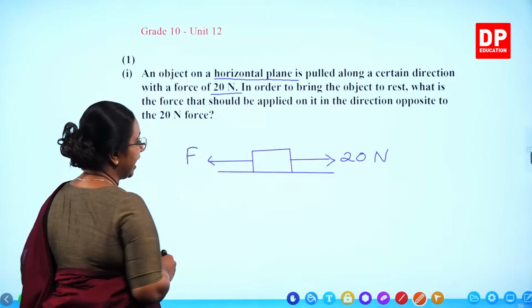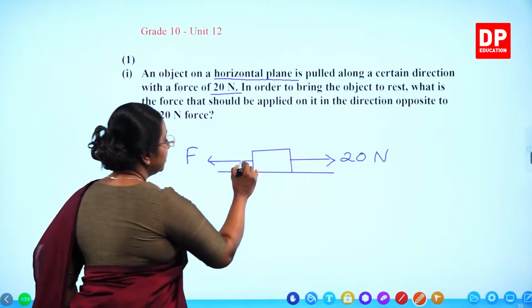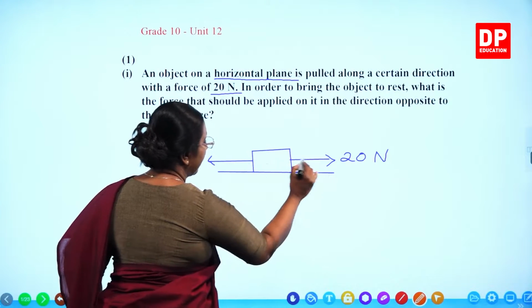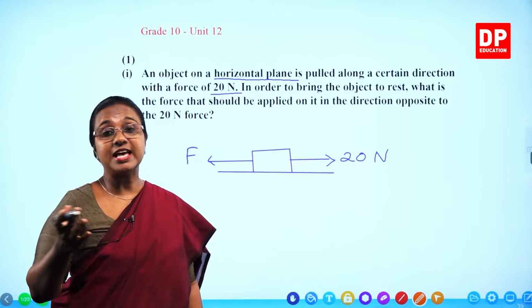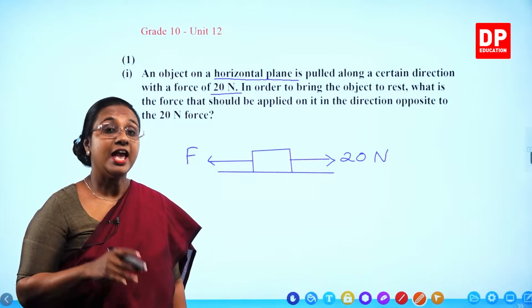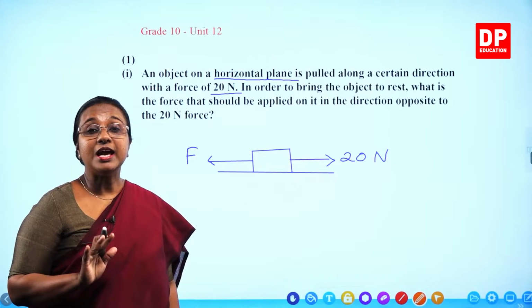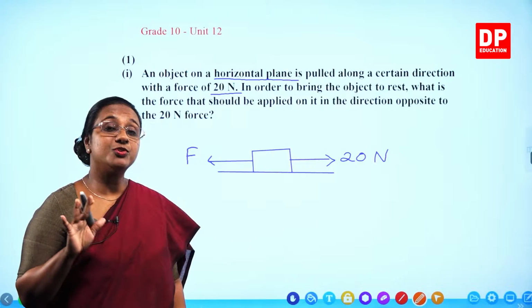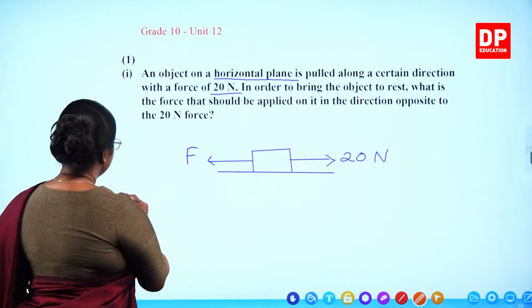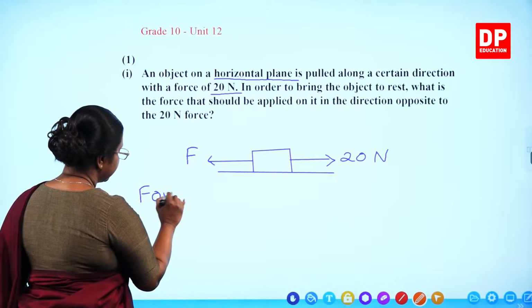We'll say it is F, and you all know these two forces should have the same line of action. So they have to be collinear forces acting in the opposite direction. And for the object to be under equilibrium, what is the condition? The resultant force has to be 0. So that is what we need to consider here.